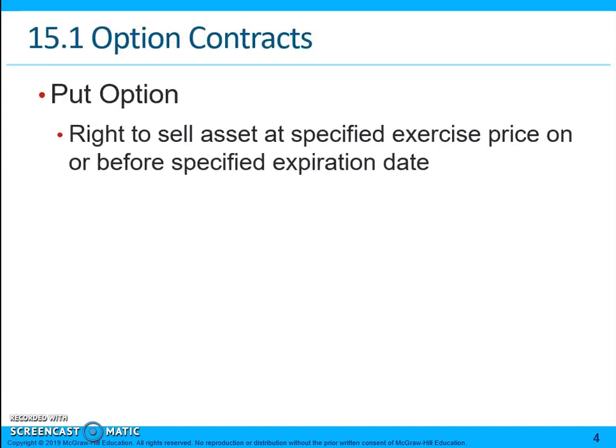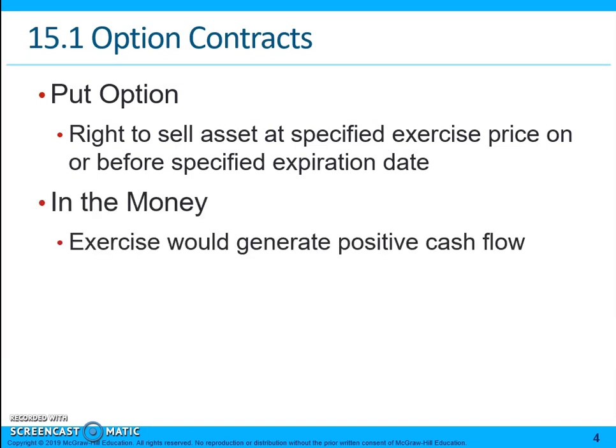Put options, we discussed them briefly. Again, the right to sell an asset at a specified exercise price on or before a specified expiration date. In the money refers to exercise generating a positive cash flow.